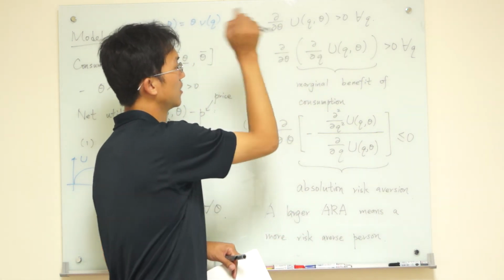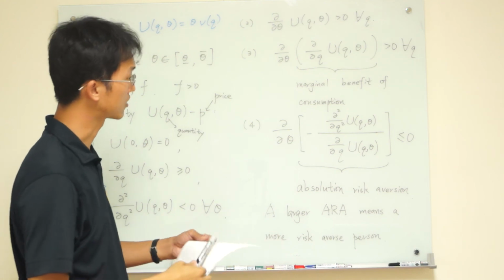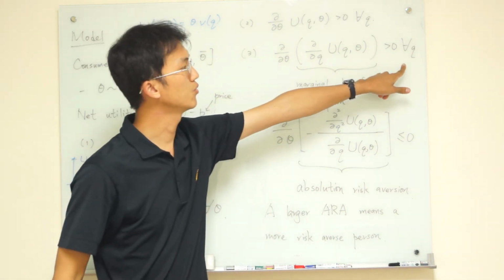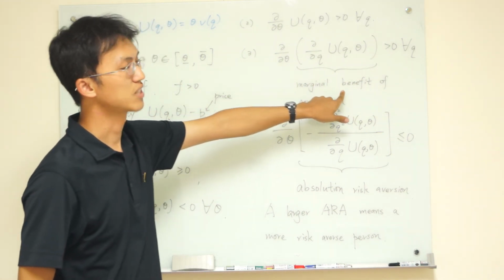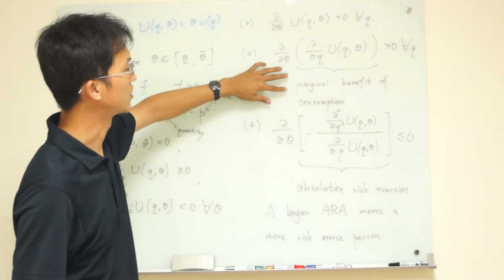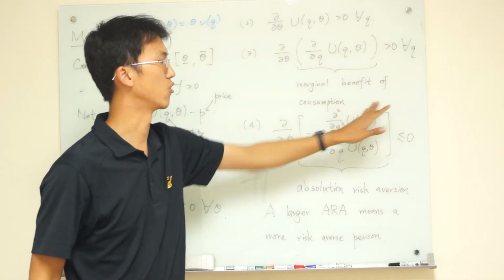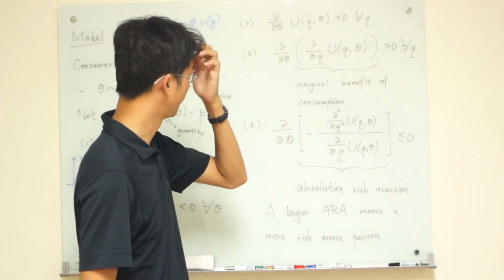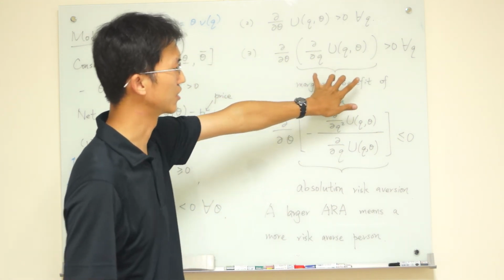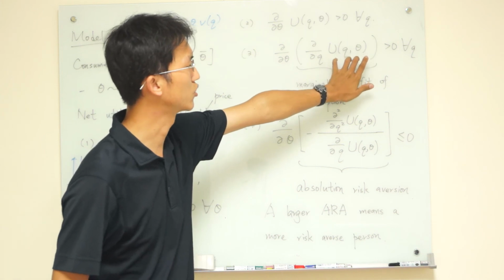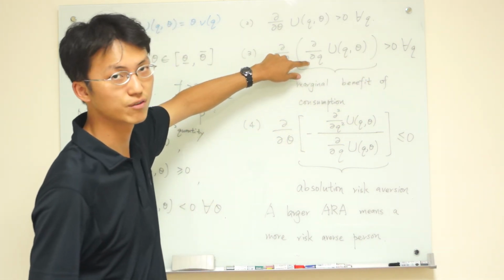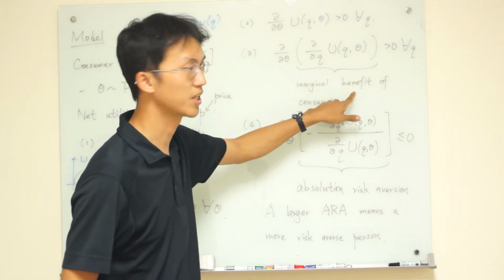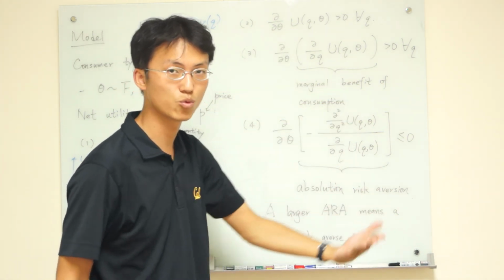Then we have the third assumption. We say that for all the agents, high types enjoy higher marginal benefits of consumption. What does that mean? Consider this quantity first. This is your utility. The first order derivative with respect to Q means your marginal benefit of consuming one more unit.